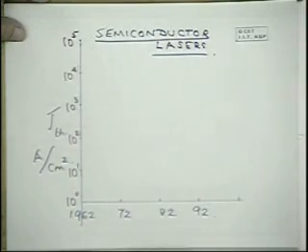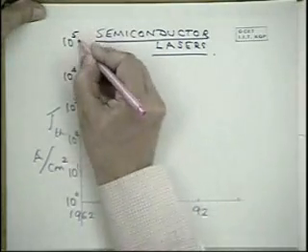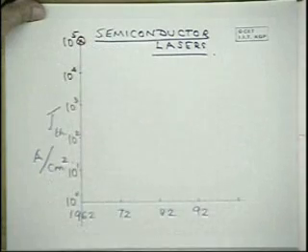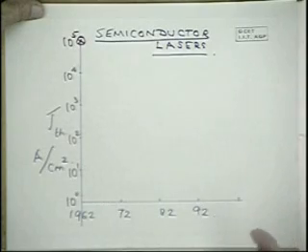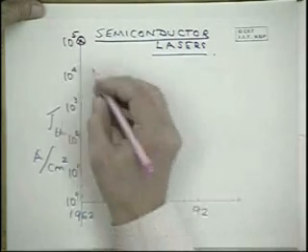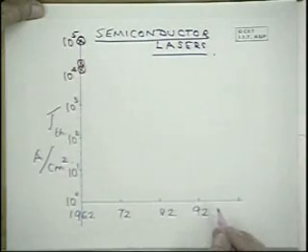The first homojunction lasers had threshold currents of the order of 10 to the power 5 amperes per centimeter squared, 100,000 amps per centimeter squared. Of course, the devices were very small, so that the actual currents were still of the order of 10 amps. So it was a high power device.